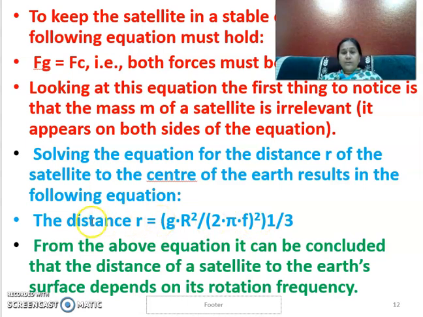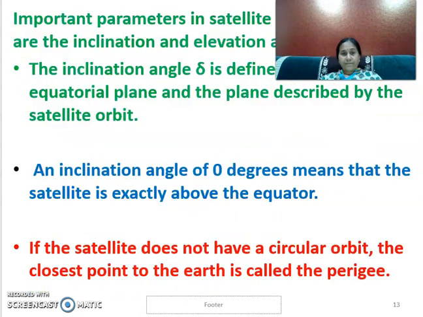This is how we calculate the distance r, the distance from the satellite to the center of the earth. For geostationary satellites, this distance is approximately 36,000 kilometers. That is how we can calculate the distance with this expression.